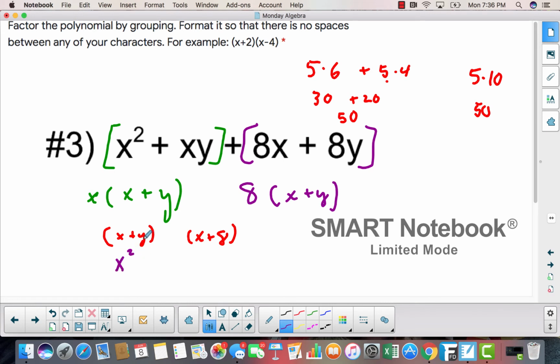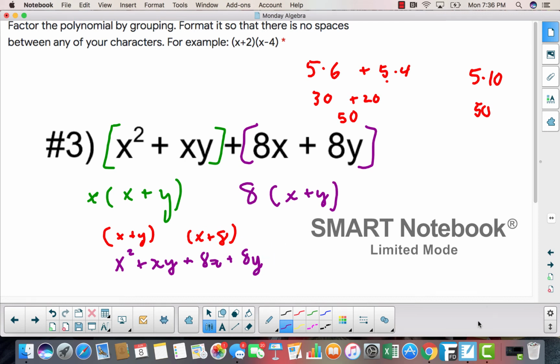If I multiply this middle term, y times x is y times x, or x times y. If you do x times 8, you'll get x times 8. And then finally, the last terms of each of these binomials, y times 8 is 8 times y. And you notice that's the exact same problem we started with, so therefore this is a good way to factor that.